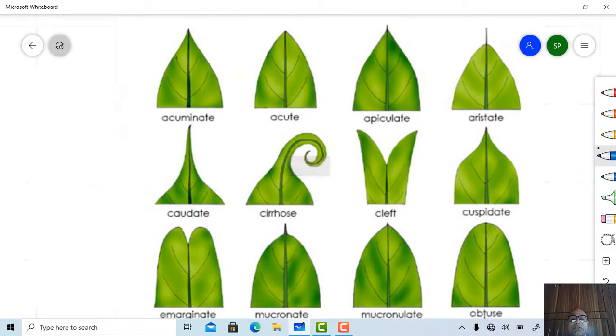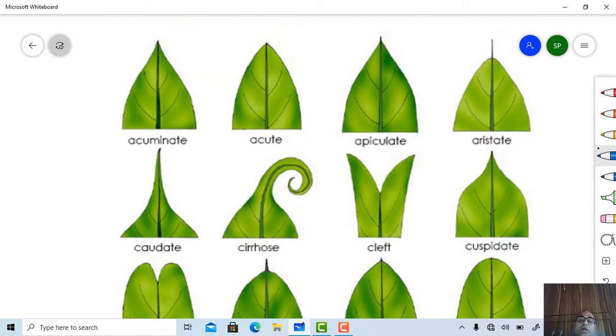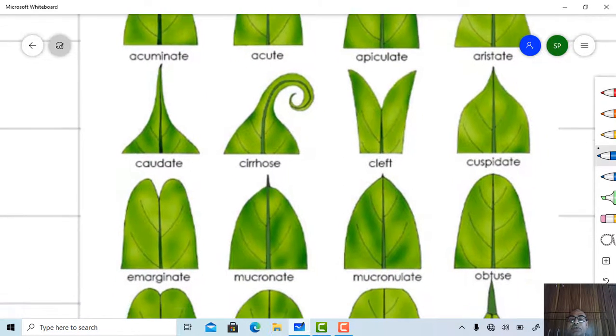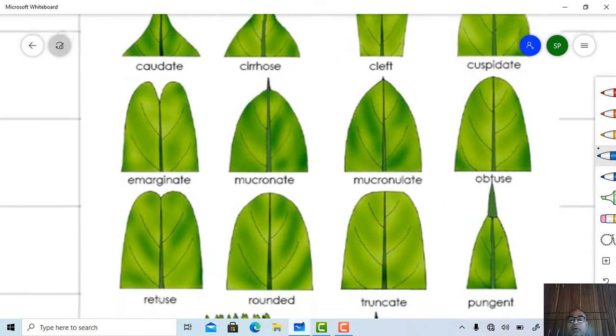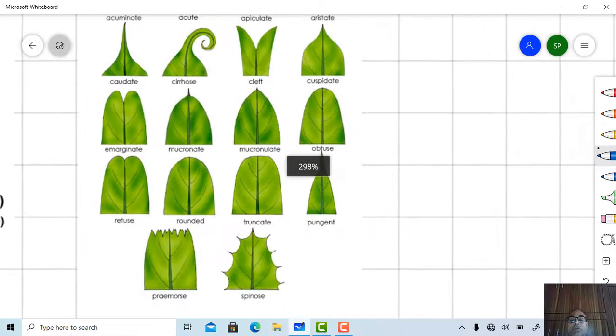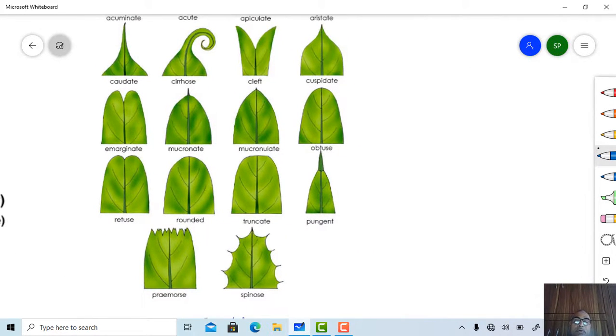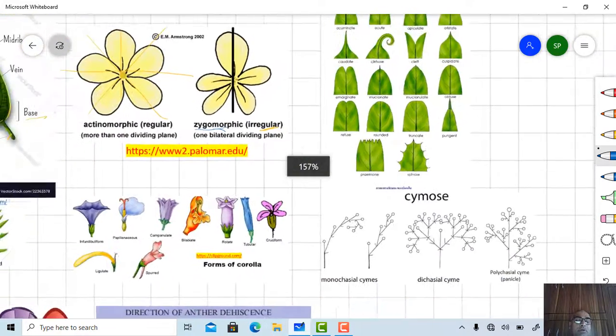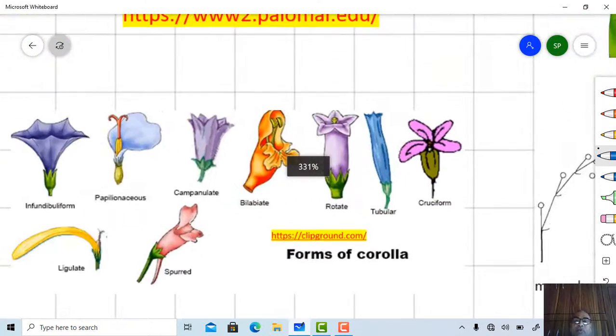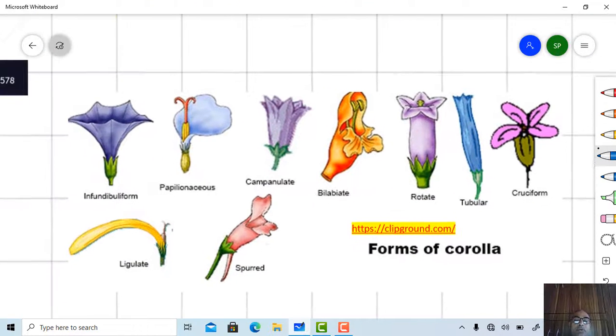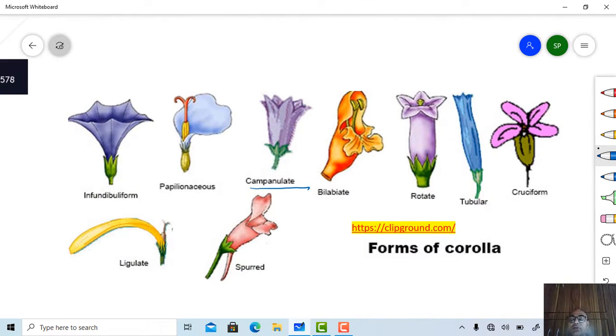So these are the figures showing the apex of the leaf. You can observe these are the different names given to the apex in the leaves. Then just see about the type of corolla. Here you can observe the campanulate as well as infundibuliform type, either in calyx or corolla.